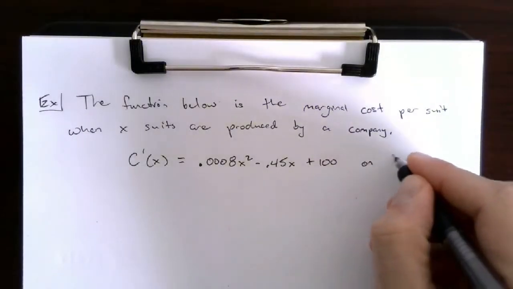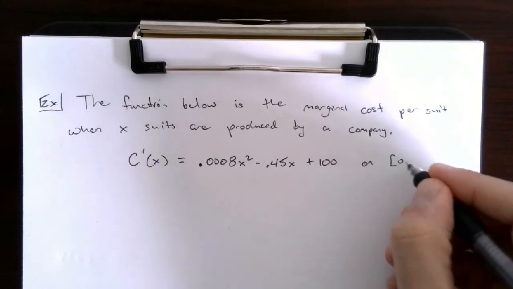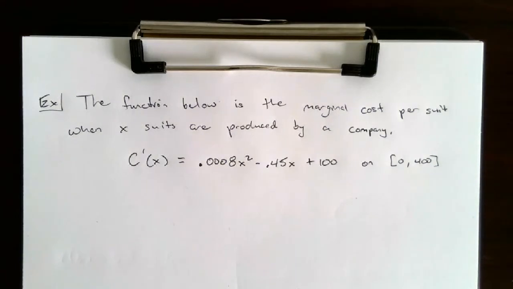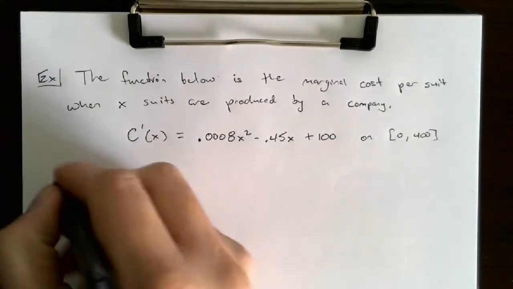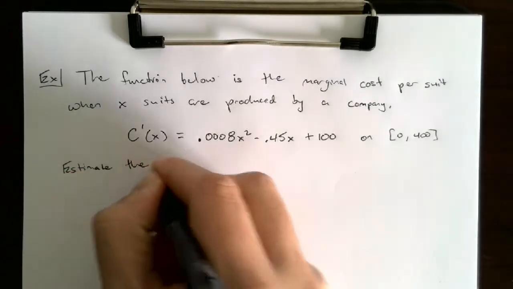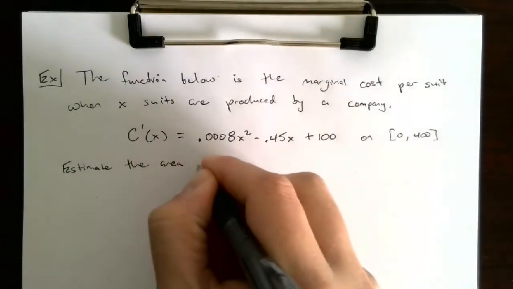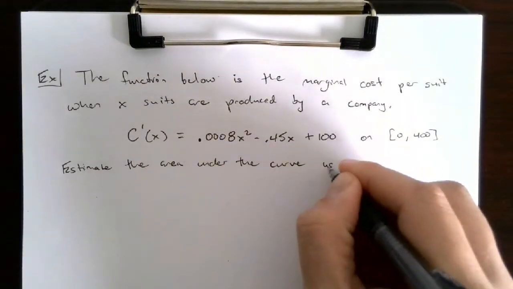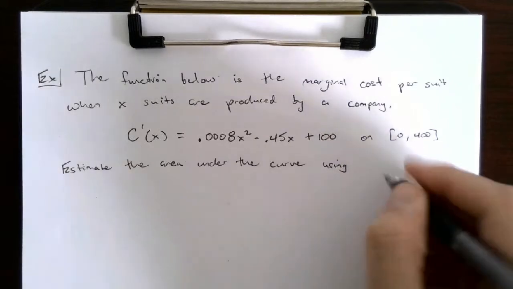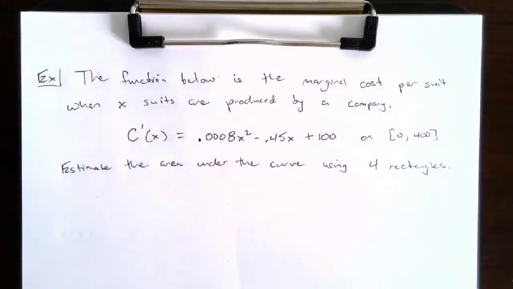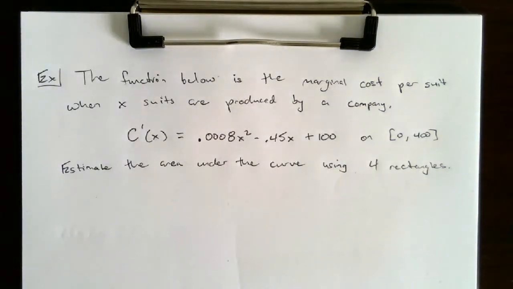And it's defined on an interval from 0 to 400. And the directions here are going to say to estimate the area under the curve using 4 rectangles.